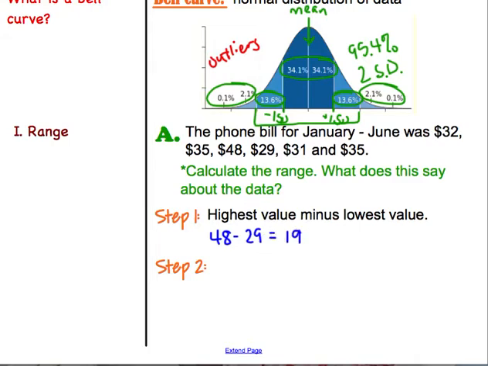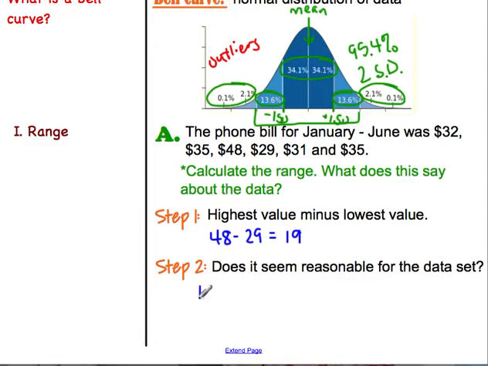Then we want to ask ourselves, does this seem reasonable for our data set? When we talk about reasonableness, we really want to focus on the specific content. If I'm talking about a phone bill, we expect phone bills from month to month to be pretty much in the same range. So $19 is a pretty big spread.